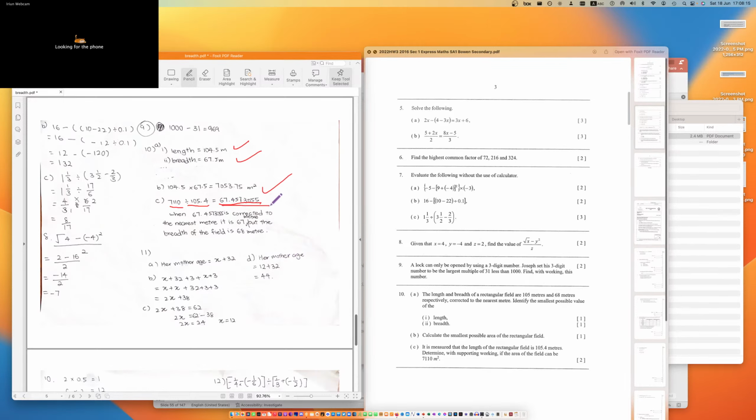In order to round to 68, for this to round to the nearest meter is only 67. Yes. And 67 is less than 68. So it cannot be. You need to make that statement. So you just have to write 67 is less than 68. So therefore cannot be. Okay? Yeah, something like this.